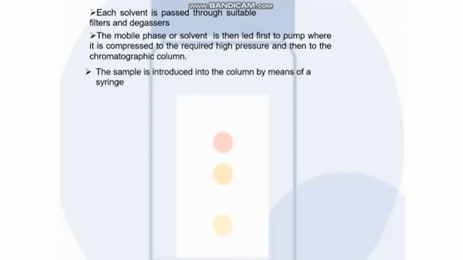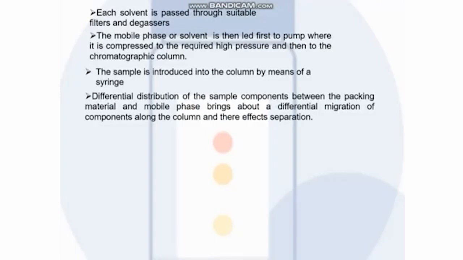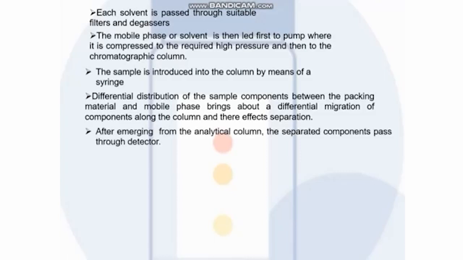Then the sample is introduced into the column by means of an injection unit through a syringe. Then the differential distribution of sample components between the packing material and mobile phase brings about a differential migration of components along the column and thereby affects the separation.